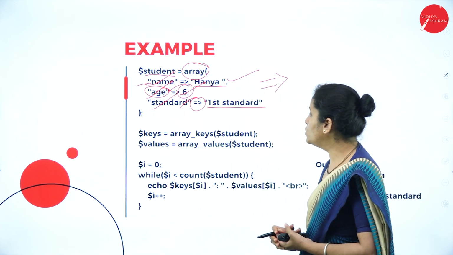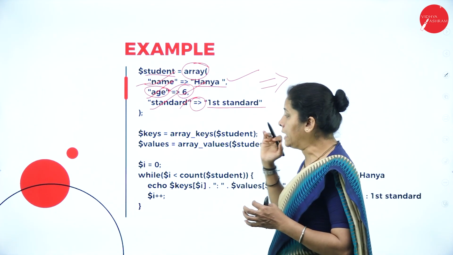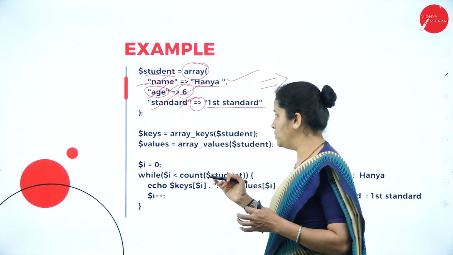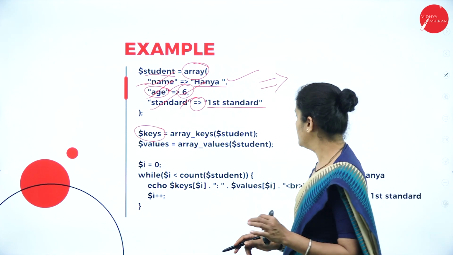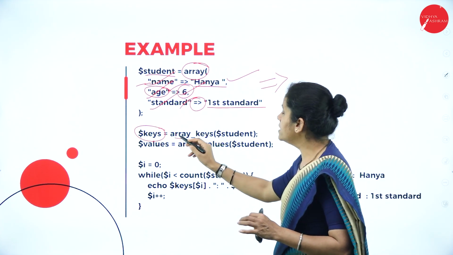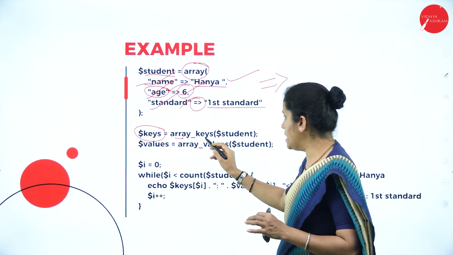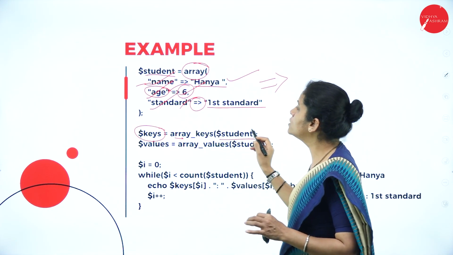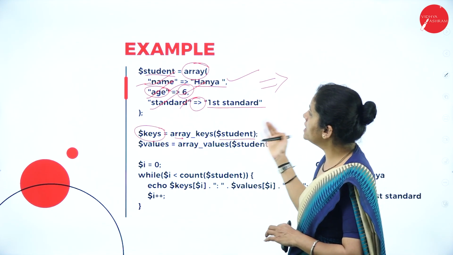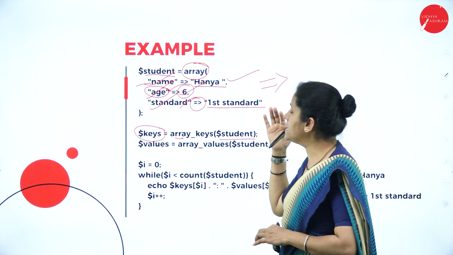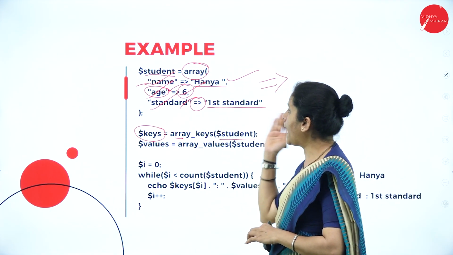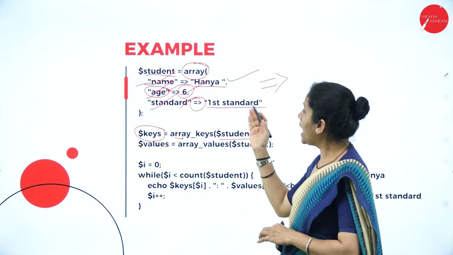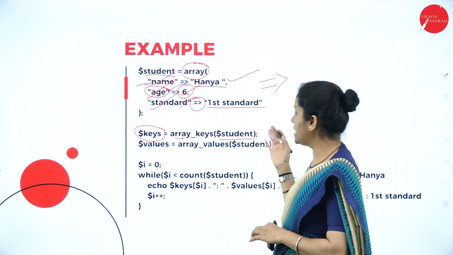Now what do I want to do? I want to display the key and at the same time the value. So I'll take a variable called key, and see here, array_keys, passing student. Which keys do I have? Name, age, standard. Now for the values, I have Hanya, age 6 and first standard.